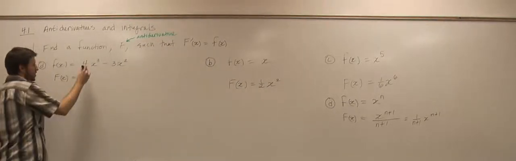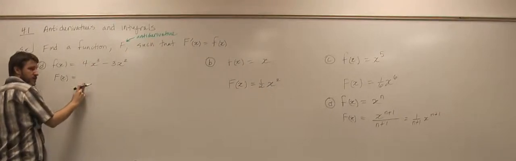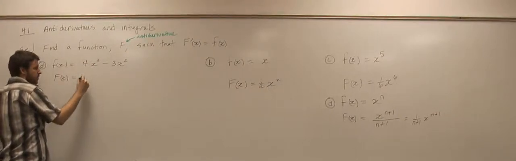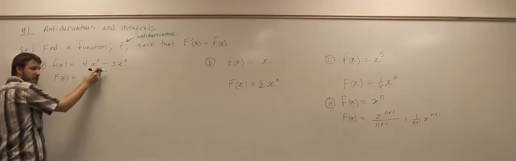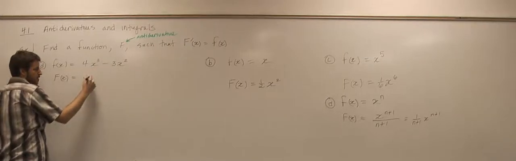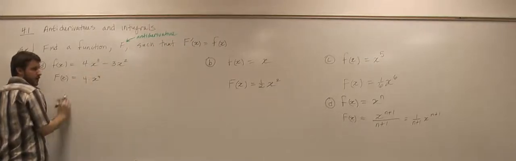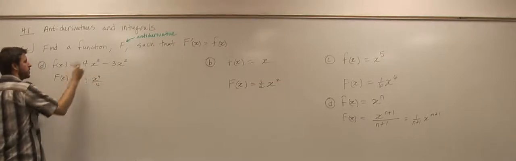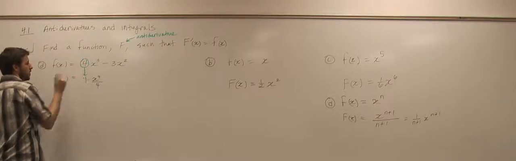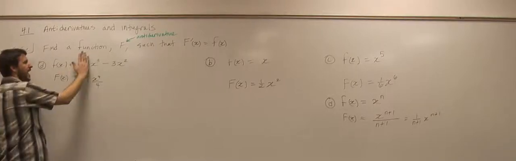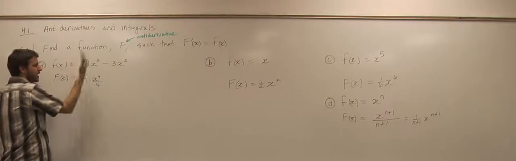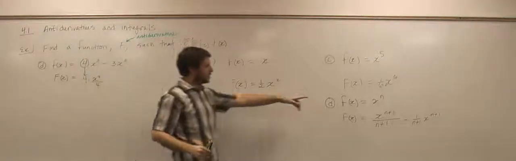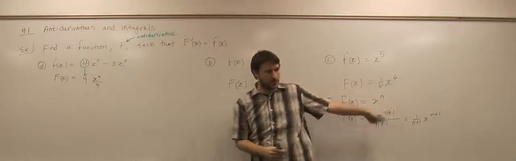And just like with differentiation, if it's a constant multiple, you can just let it fall down. So the 4 will come down, and then the x cubed becomes x to the fourth over 4. So the constant multiples can follow, but then the x part has to be anti-derived. You have to do the opposite of differentiation, which is this one.